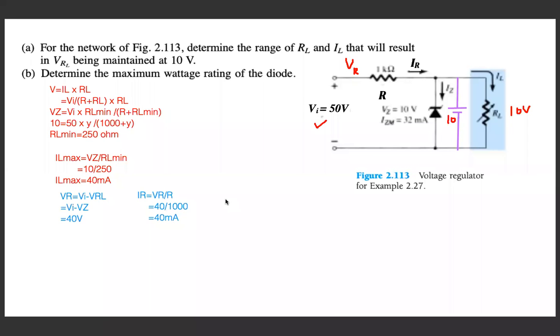Okay, now you have to calculate the value of IL minimum. You have already calculated IL max. So IL minimum will be equal to this value, total value IR, the total current flowing through this branch, minus IZM.